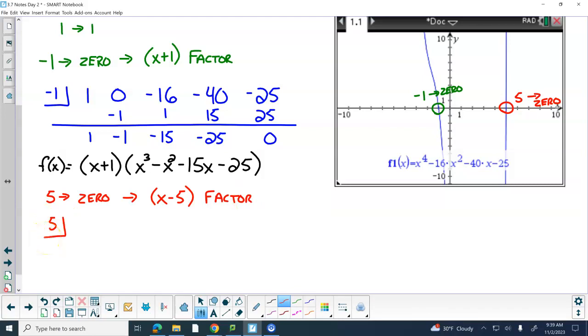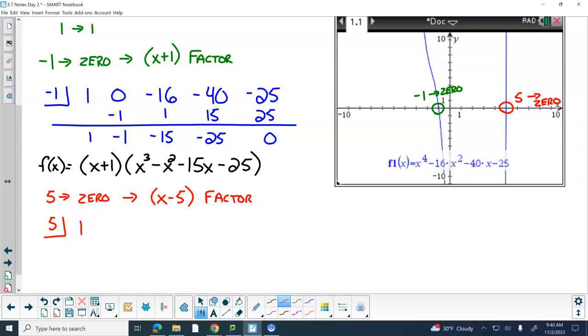What are the coefficients that I'm going to use in my synthetic division? 1. I'm going to start with 1, yes.